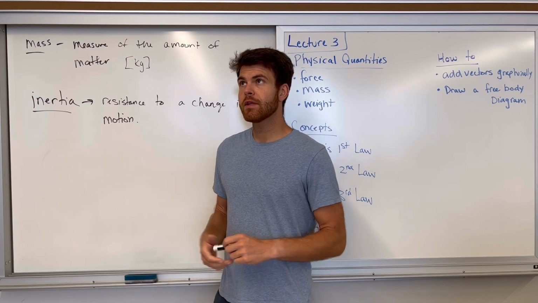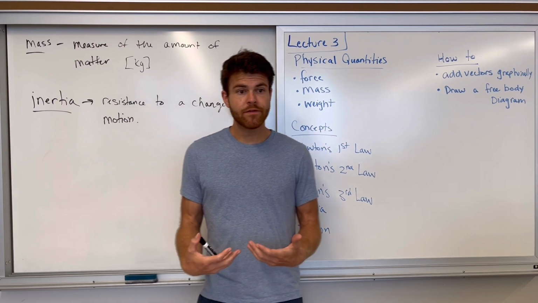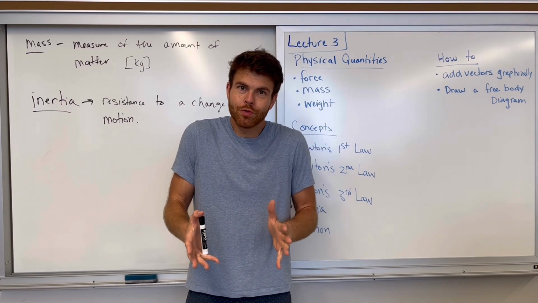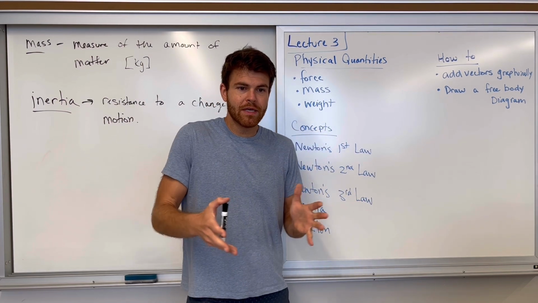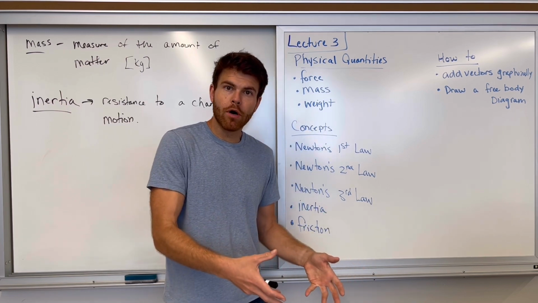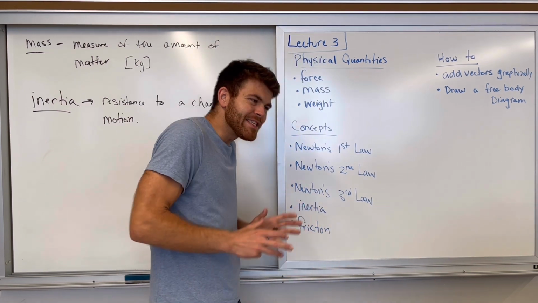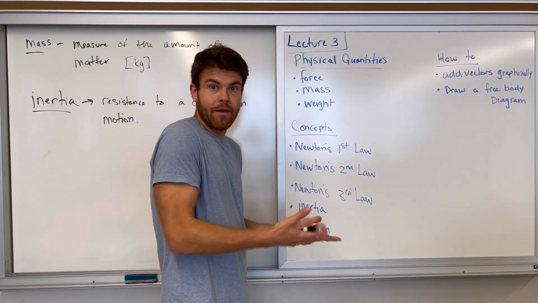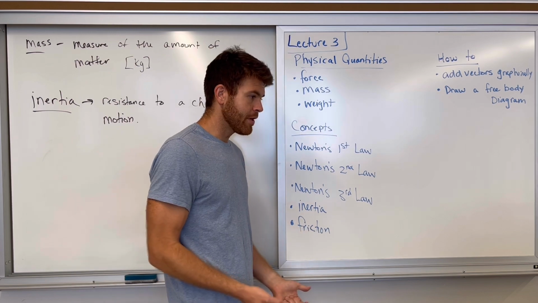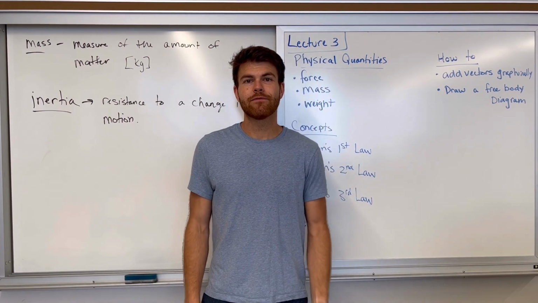If we think about this from our everyday life, we could probably relate to it, right? It's harder to get something to start moving if it's more massive than if it's lighter. If we want to get a bowling ball moving, it takes more effort than that volleyball I mentioned earlier. Why? Because the bowling ball has more mass, therefore it has more inertia.